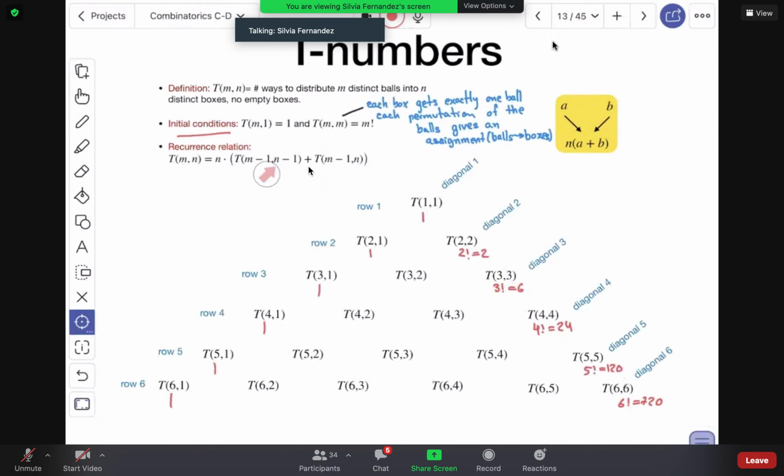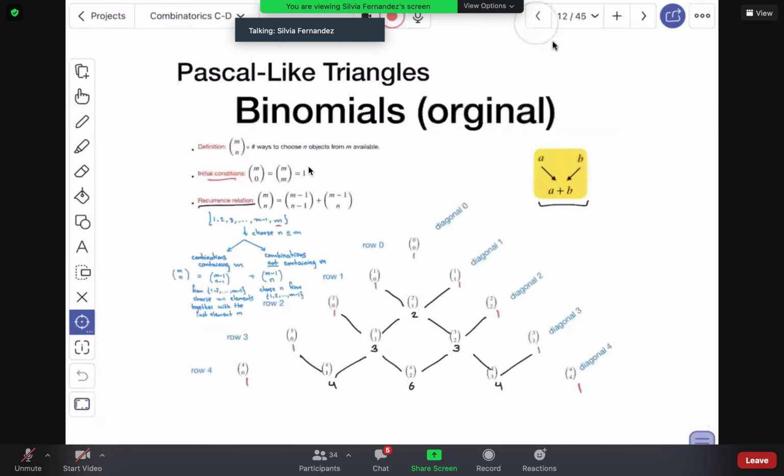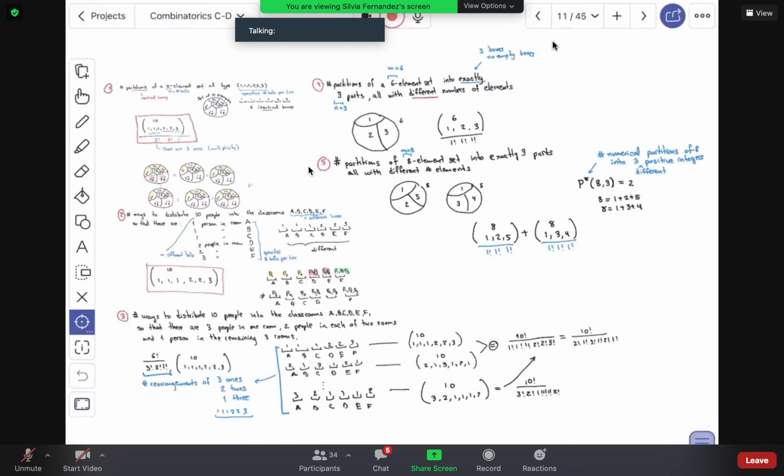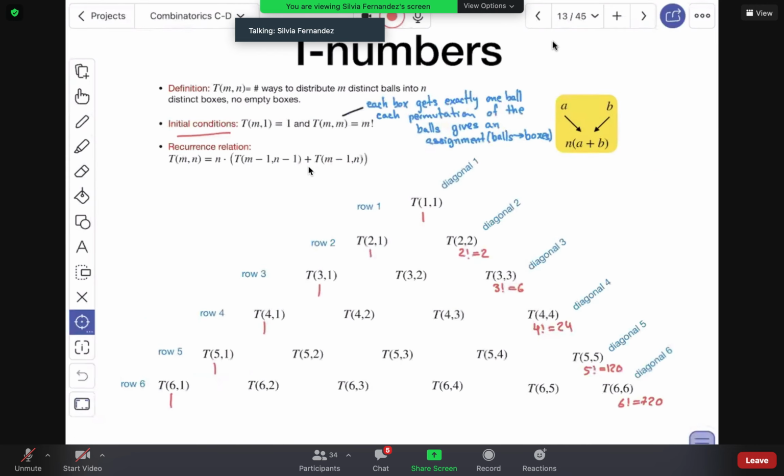See, the pairs are the same as in Pascal's triangle. But this time around it's not just the sum, it's the sum, but then we multiply times n. Okay, I'll try to explain this recurrence relation, but before doing that, let me try to use it.